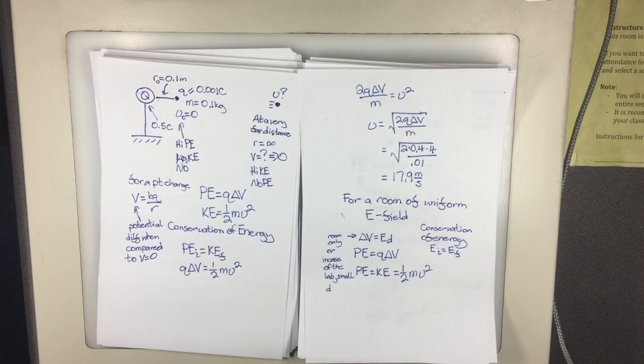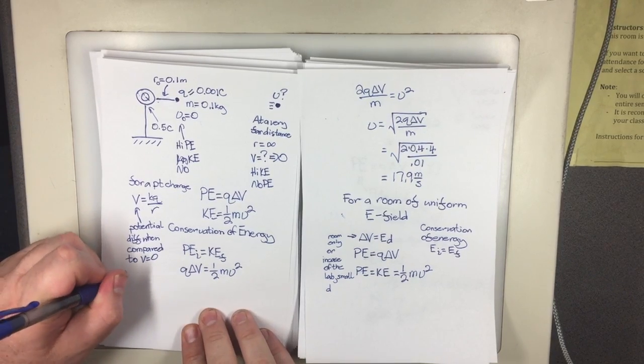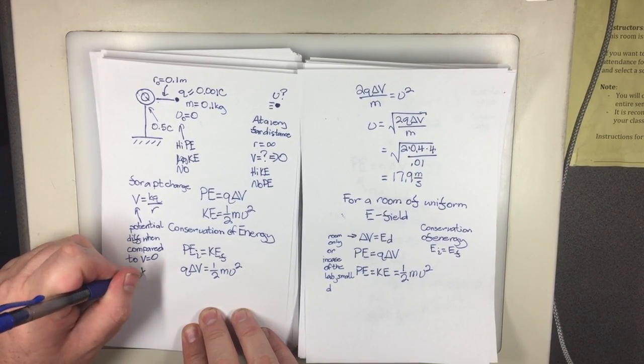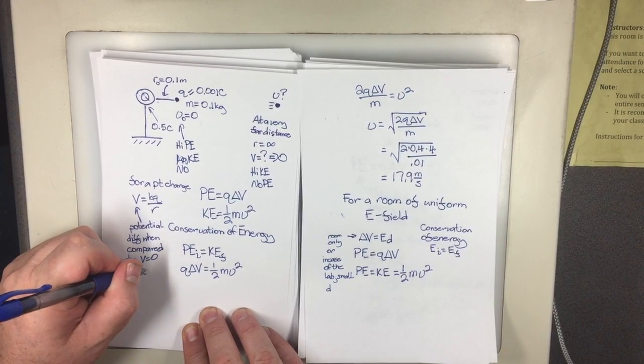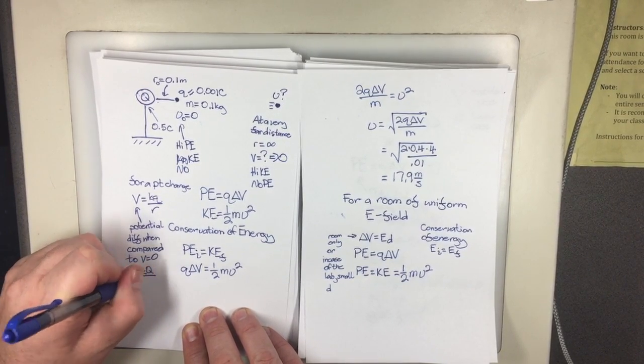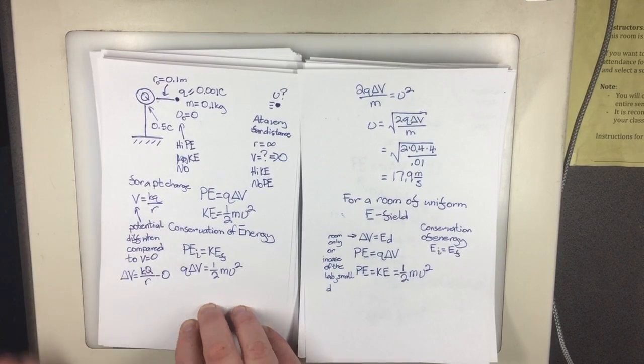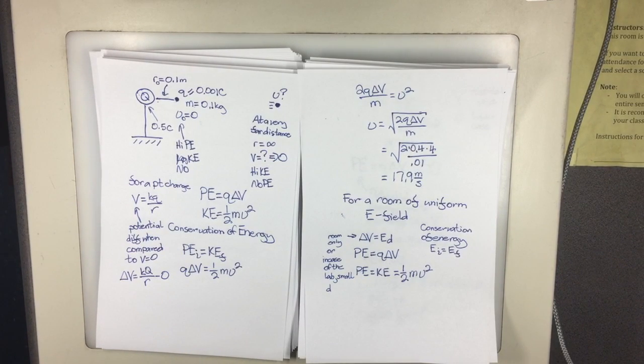So in this particular case, we could say that this delta V is equal to KQ over R minus 0. So we don't have to worry about this. And in the end, we're only really interested in all these magnitudes anyway.